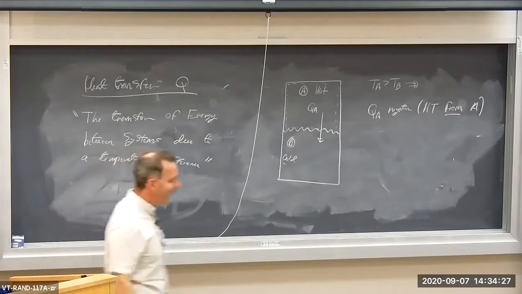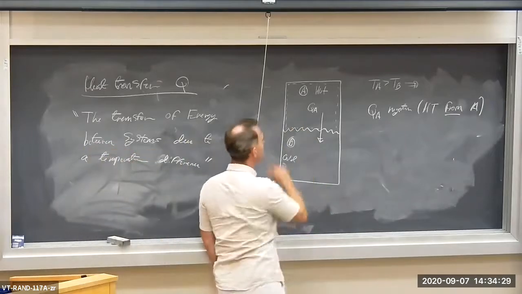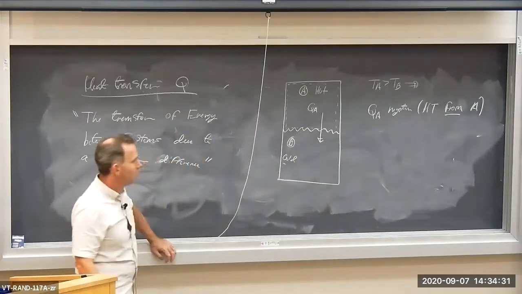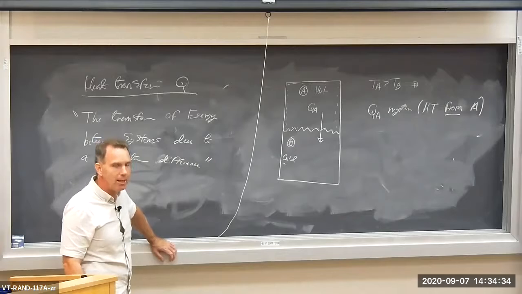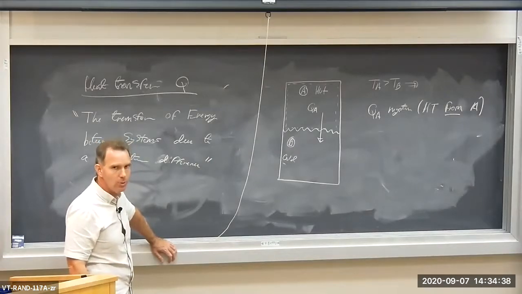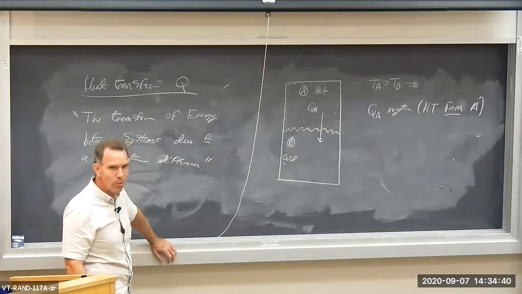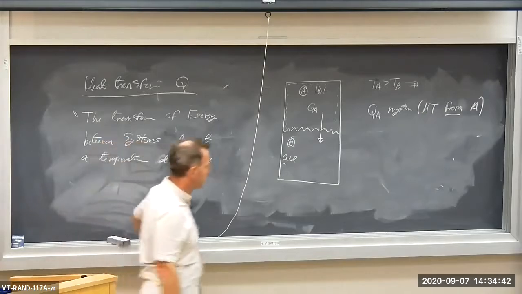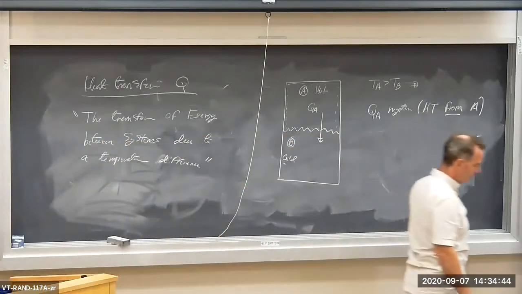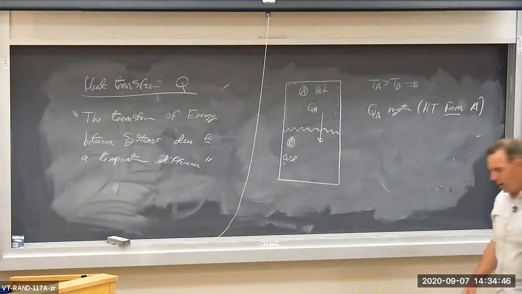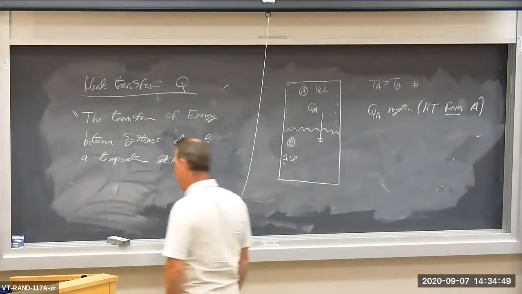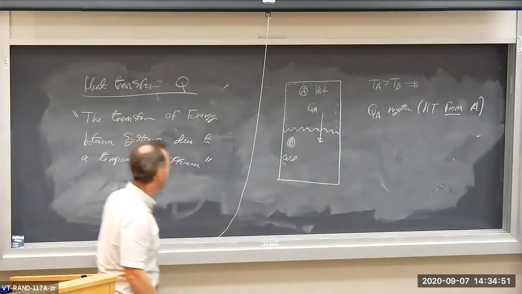So QA, heat transfer to system A, is negative. Heat transfer is positive when it's to the system and negative when it's from the system, okay?